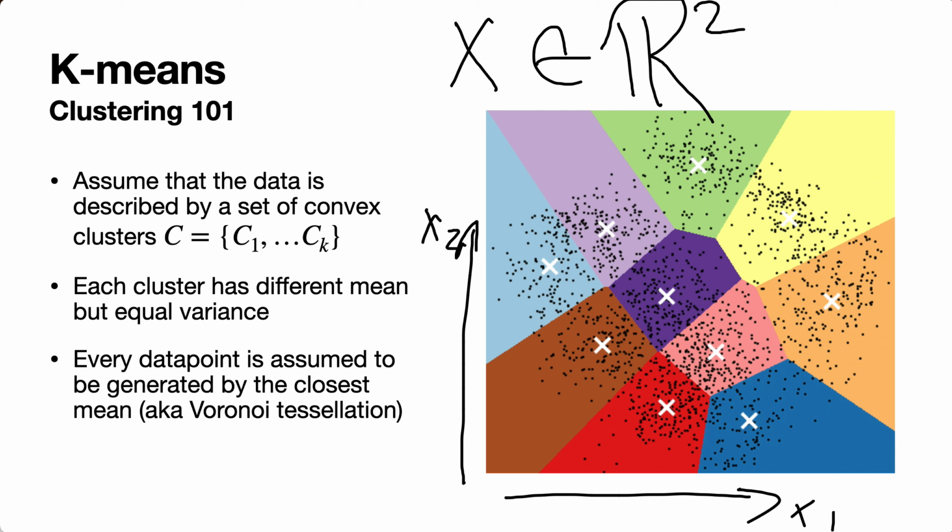And we're using a Euclidean norm. We're measuring distance the way the crow flies.